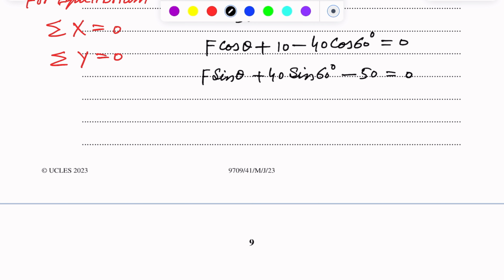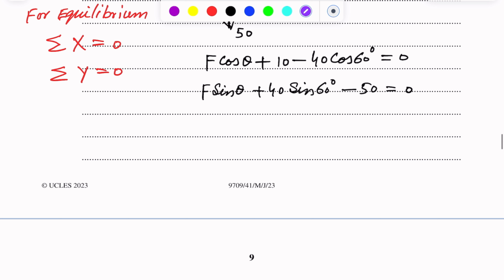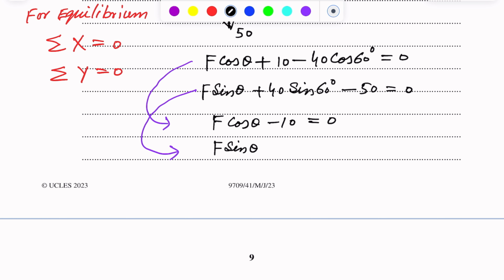We get this equation becomes F cos theta minus 10 is equal to 0, and this equation becomes F sin theta minus 15.359 is equal to 0.